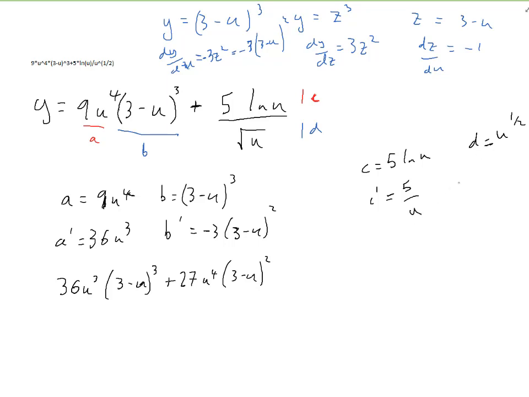Differentiate this, and D dashed is half times 1 is a half, and u to the minus a half, which is 1 over 2 square root of u.